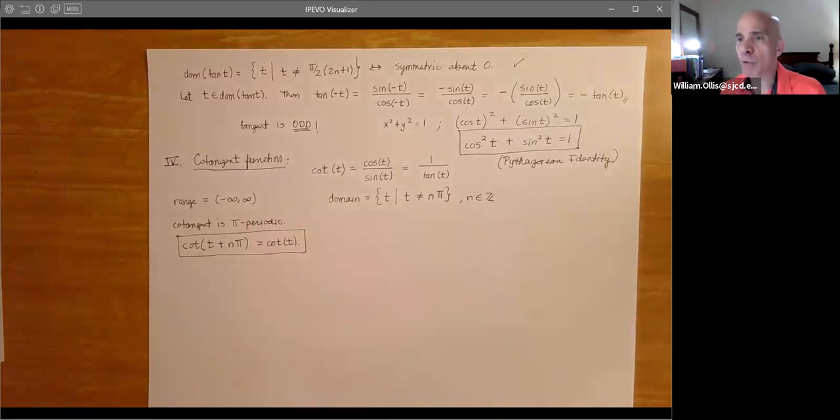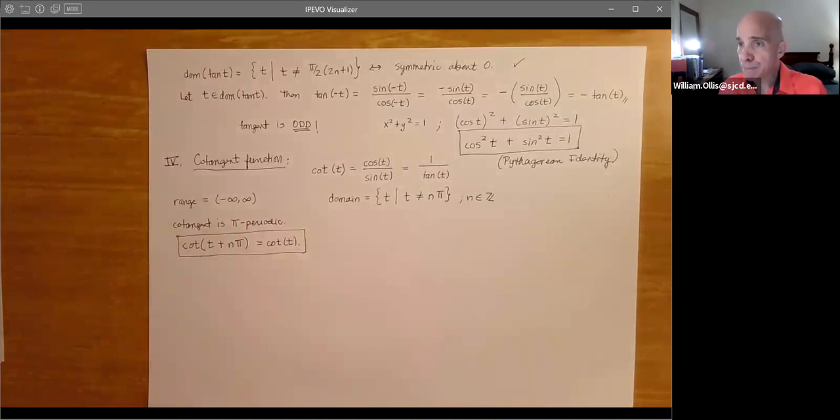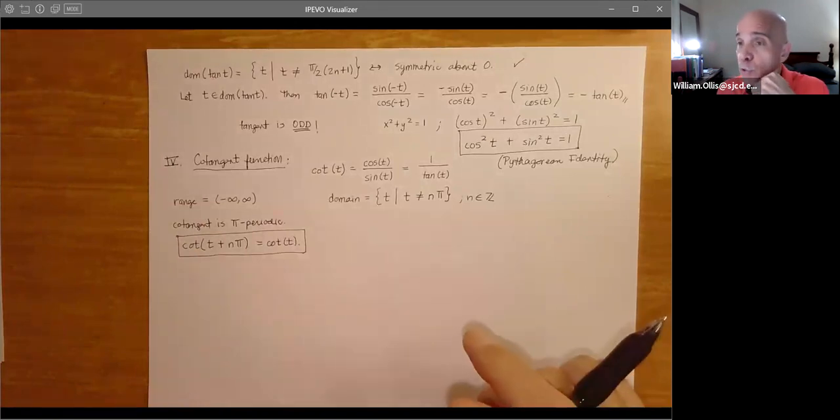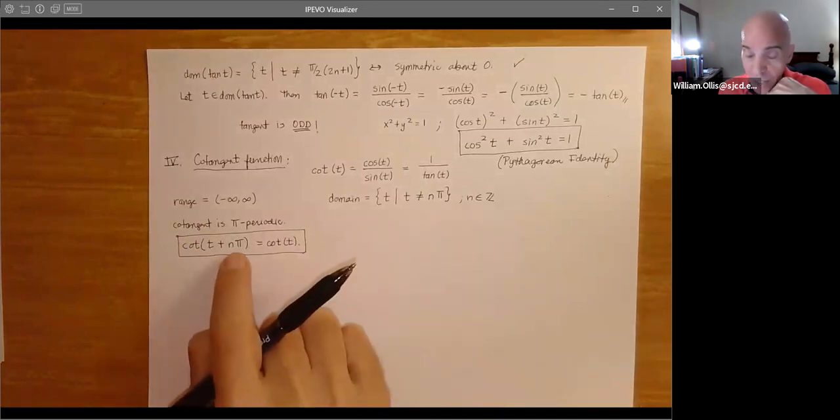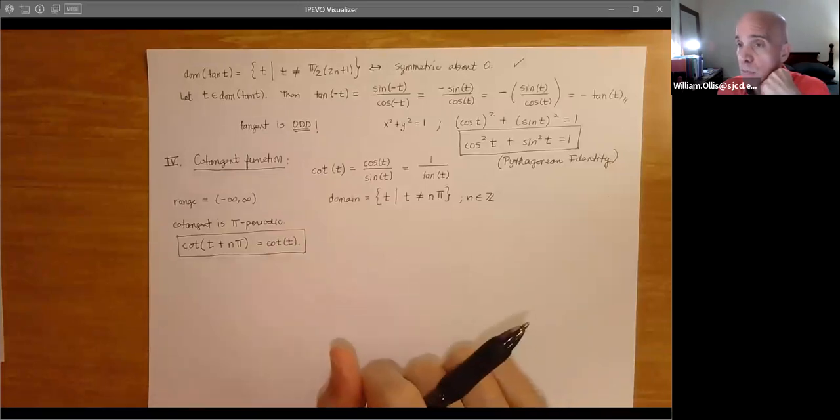So when you think about cotangent and tangent, you add a multiple of pi, you might as well just get rid of it. It's one better than doing modulo 2 pi on the unit circle. So you can just think of the n pi as a 0, just like we did with the tangent function. It won't have any impact.